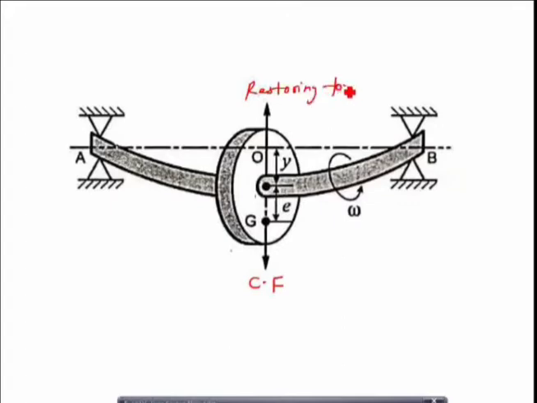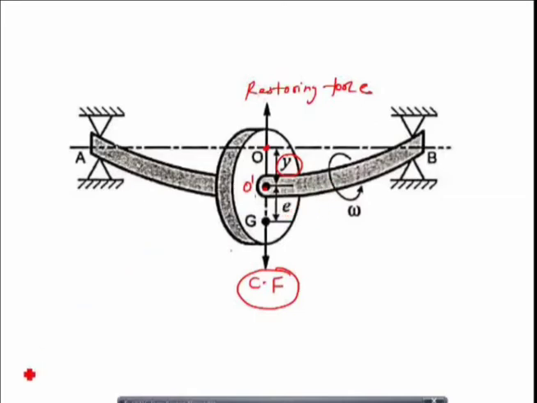This restoring force will act exactly opposite to the centrifugal force, and it will try to bring the system to its equilibrium position. Because of this centrifugal force, a distance Y is created, which is called the deflection, between this point O and this point O1. The shaft is deflected by a distance Y. I hope you have understood this.